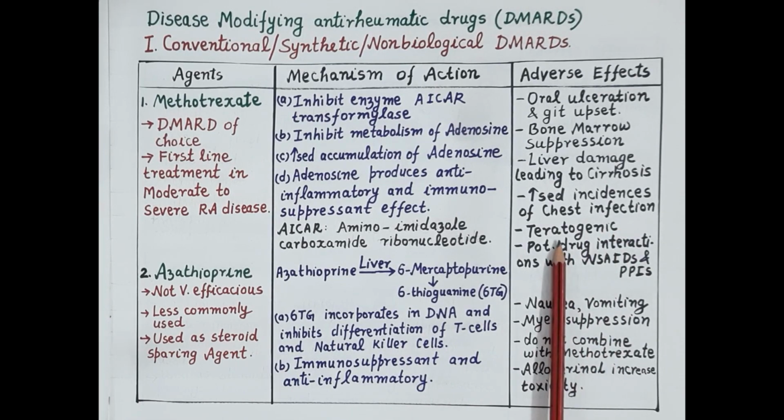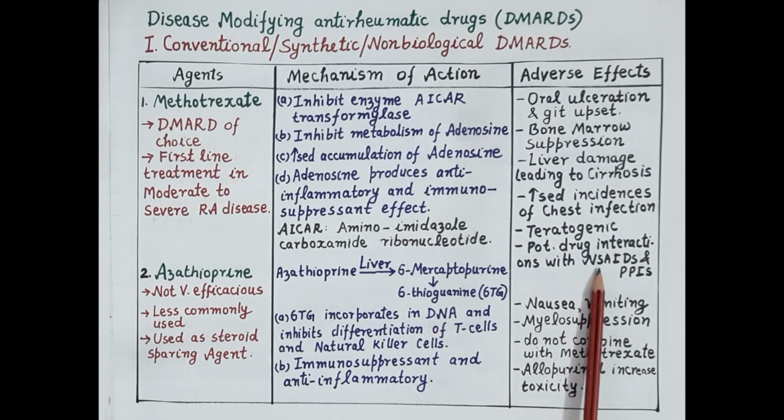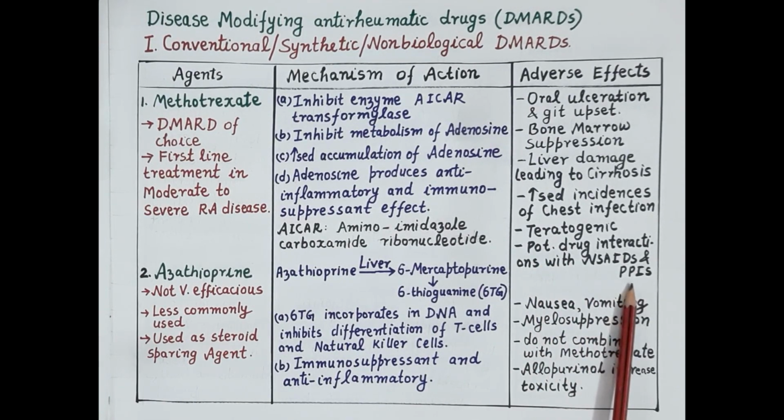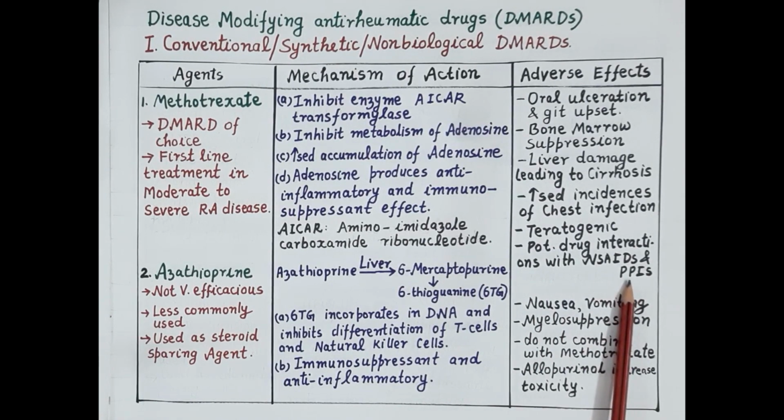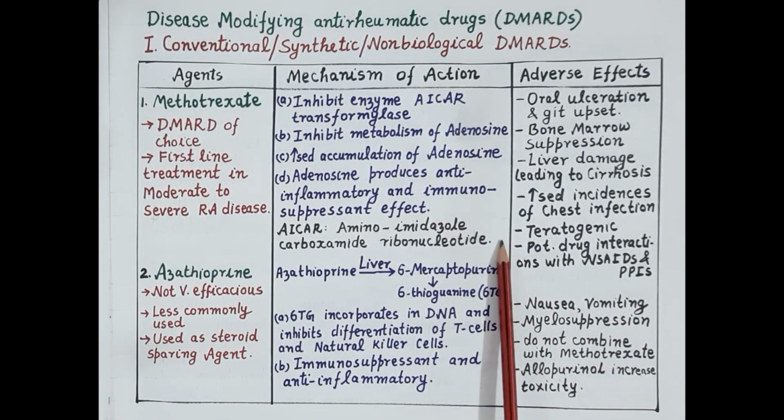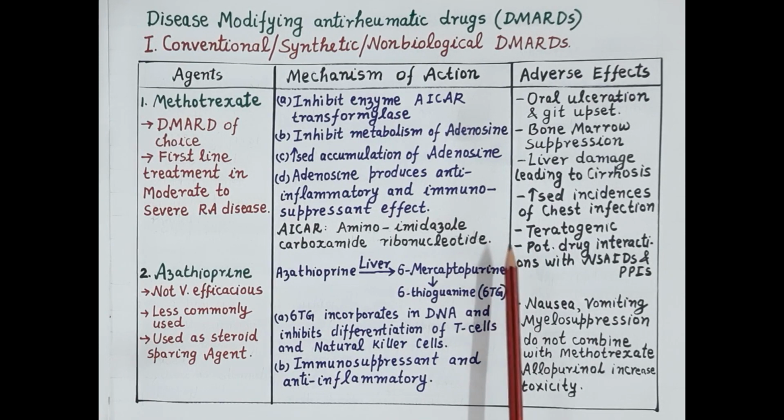Methotrexate is teratogenic and produces fetal structural abnormality, and methotrexate also shows potential drug interactions with the NSAIDs and proton pump inhibitors. It should be administered only in consultation with a physician.